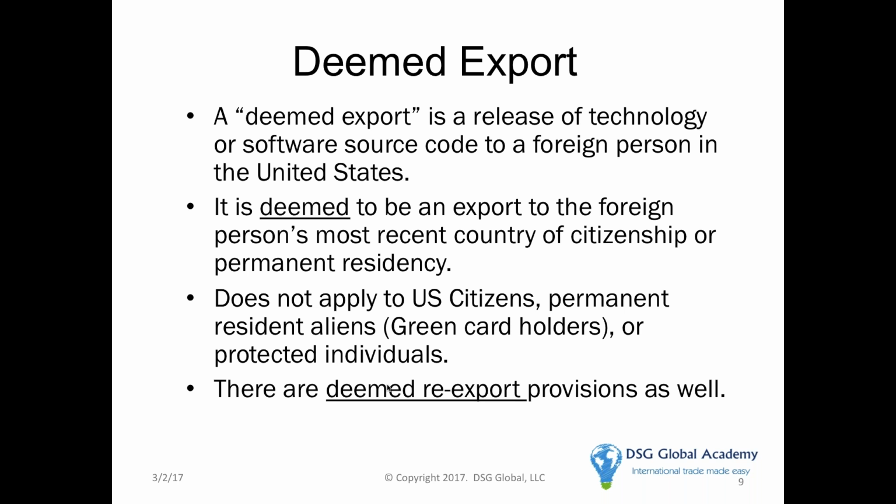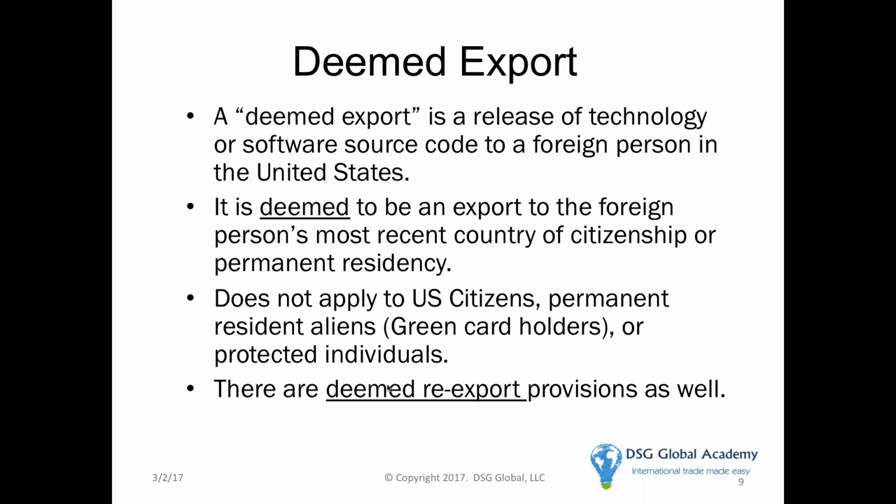What's important to note is that it's not every foreign person that is covered. It's only foreign persons from those countries which, if you actually tried to make a physical export, you would need an export license.